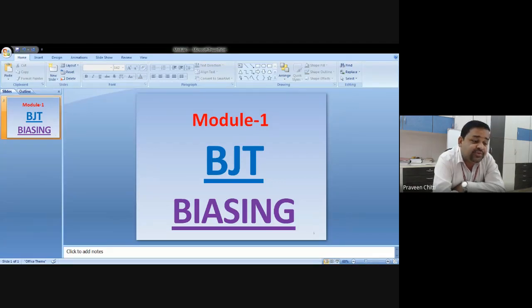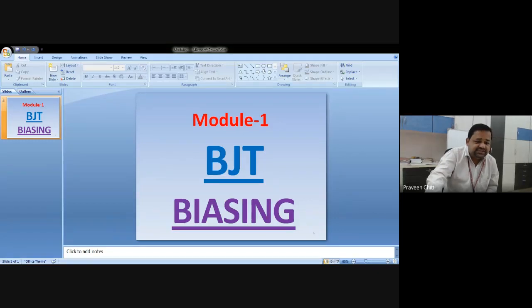Similarly, in collector to base bias circuit, we put the resistor between base and collector. Whereas in voltage divider bias circuit, we use resistors R1 and R2 to form a voltage divider, and that voltage divider is connected across the base. So these are the three biasing circuits.